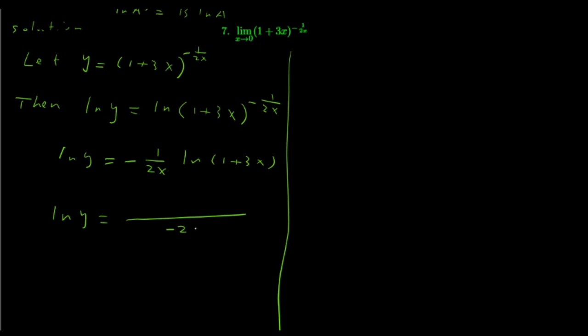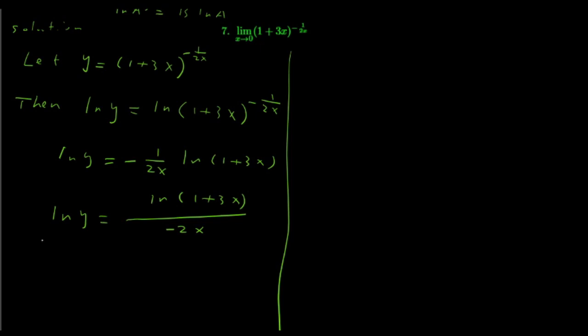The next thing you do is to take the limit of natural log of y. I'm going to start from here. I hope I have enough room. Maybe I'm going to use brackets here.